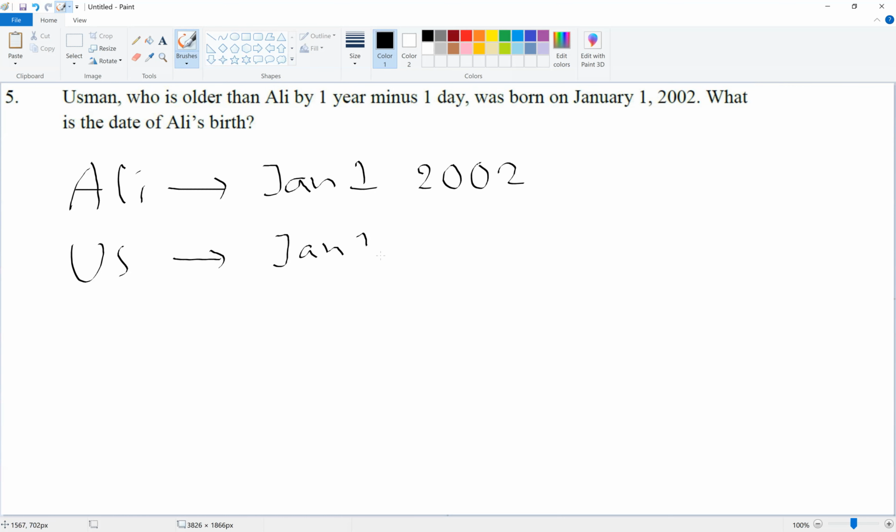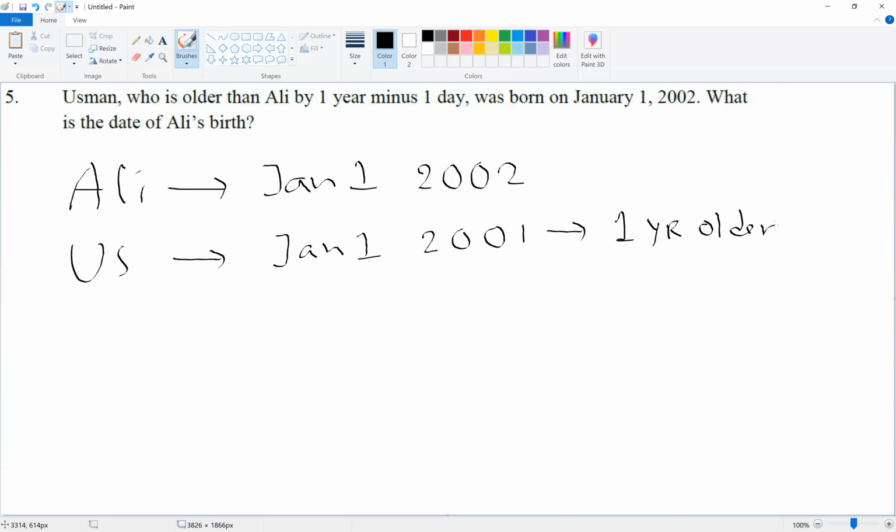So Usman, who is older, so that means if he is 1 year older, correct? And it's minus 1 day.